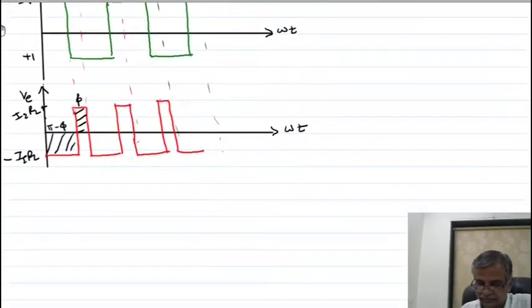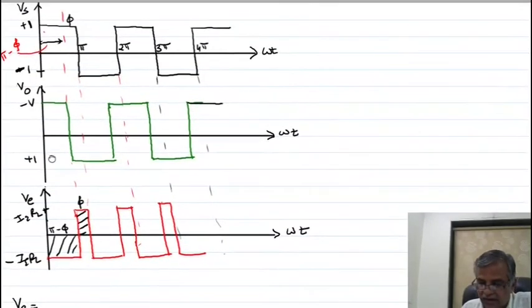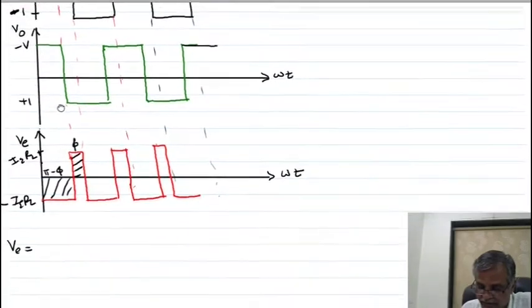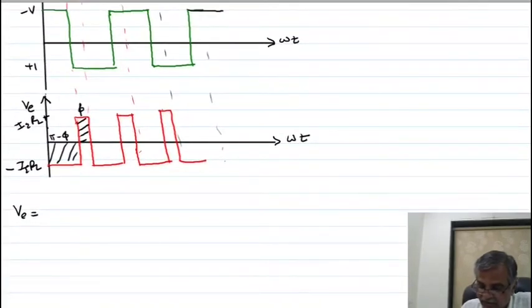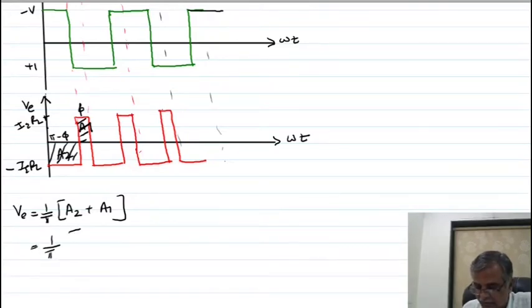So the average value of the output voltage from 0 to pi is the area covered by these two. So it is the area of these two, average value. So I can write 1 upon pi.